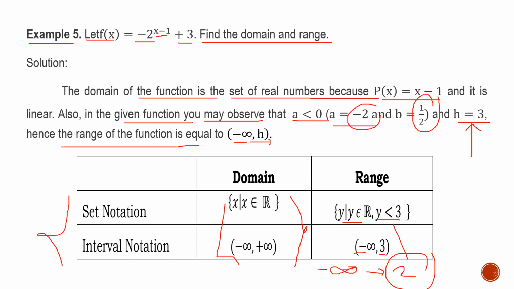So the value of the range will fall from negative infinity to 2, and all the values as long as the value of your range is less than 3. So that's how we set the notation or interval notation for this range for this given exponential function.